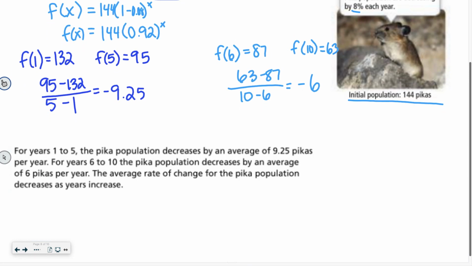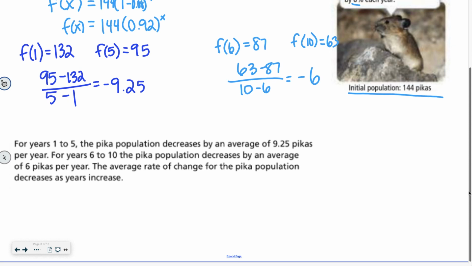Because negative 6 is not as steep of a decrease as that negative 9.25. So for years 1 to 5, the pica population decreases by an average of 9.25 picas per year. And for years 6 to 10, the pica population decreases by an average of 6 picas per year. The average rate of change for the pica population decreases as years increase. Okay?